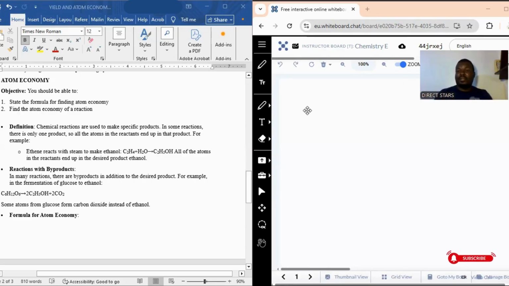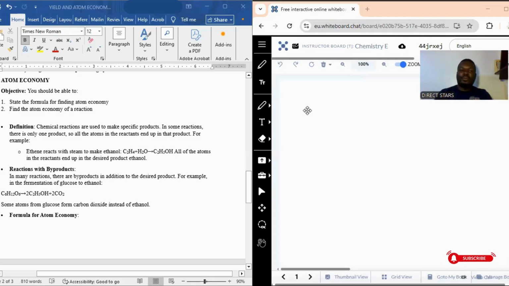It is important to be able to determine the atom economy of a chemical reaction or process. This way, engineers or production chemists would be able to determine the best method or best process for the production of certain chemical products.